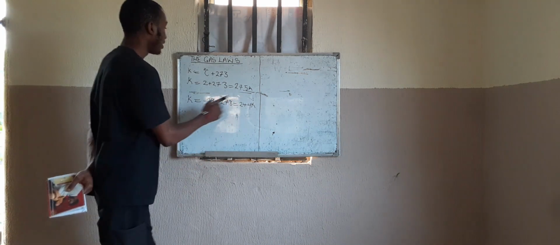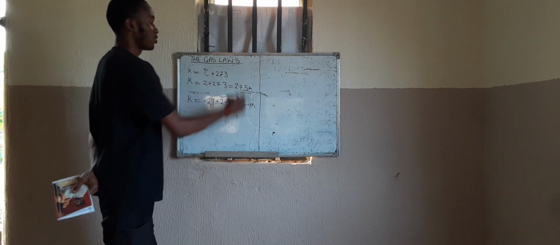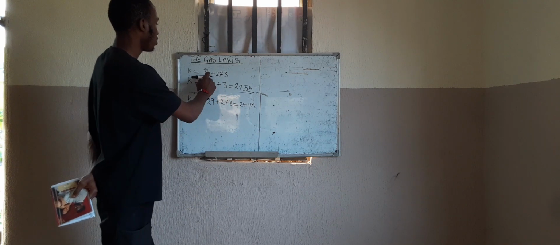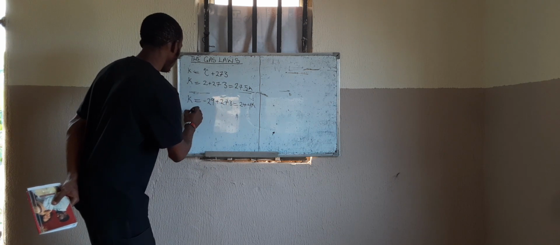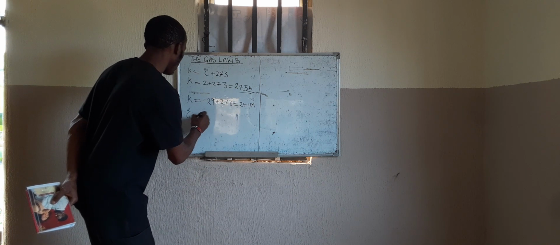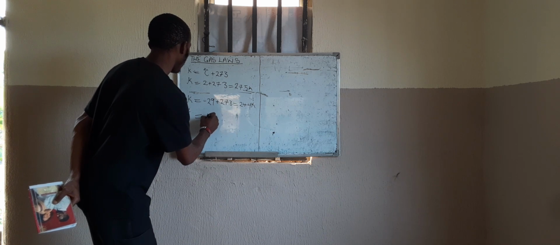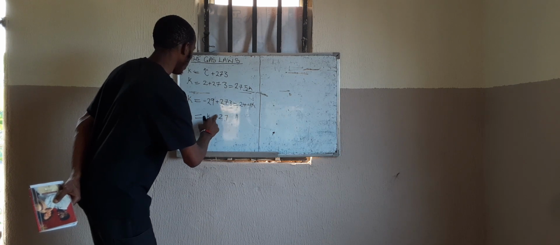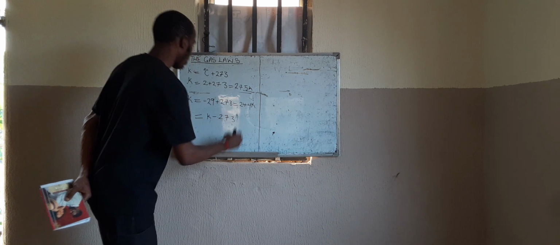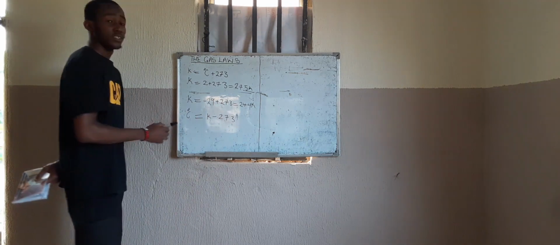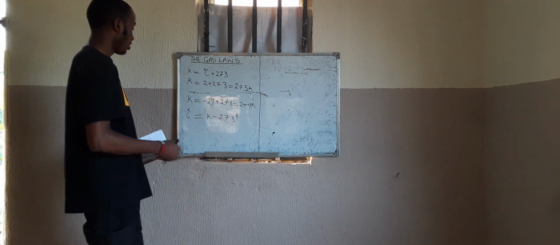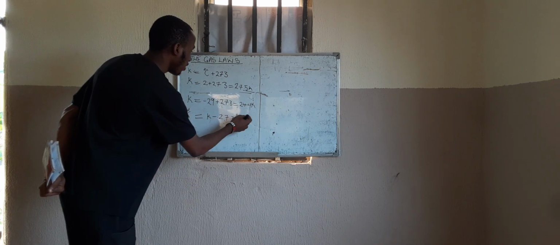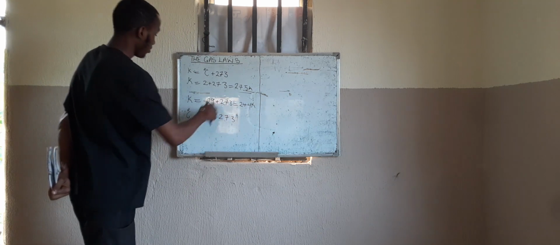Then you can also convert Kelvin to Celsius using this formula. Make Celsius the subject of the equation. So we now have Celsius equals K minus 273. So if you want to convert 244 Kelvin to Celsius, you can use this.